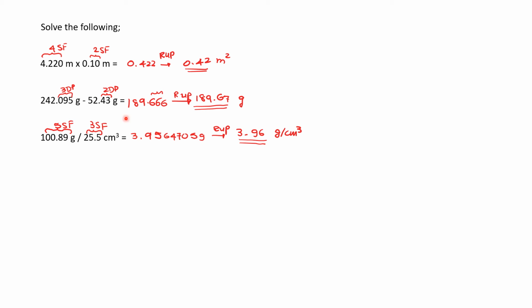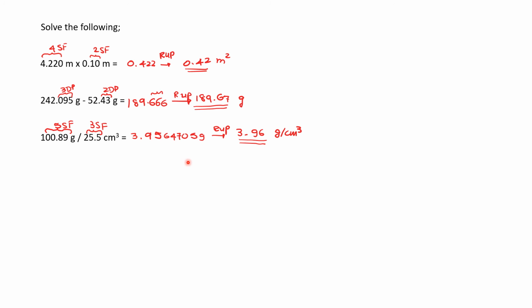Let's do another example which has a division. So you are going to divide 100.89 grams by 25.5 cubic centimeters. It is a division and we are going to find the number with the least number of significant figures. So this one has 5 significant figures and this one has 3 significant figures.